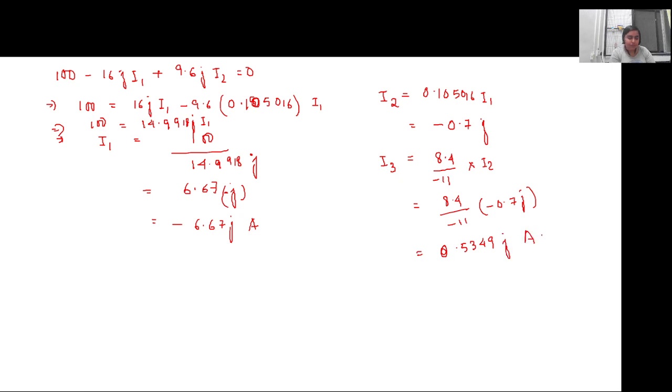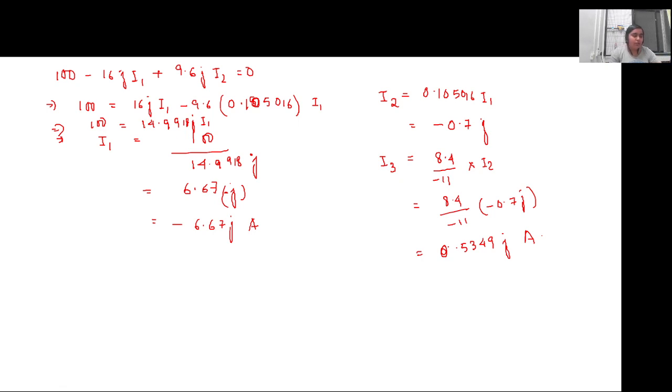So these are the three different currents, right? Is everyone clear on this one? Yes, ma'am. It is clear, ma'am.